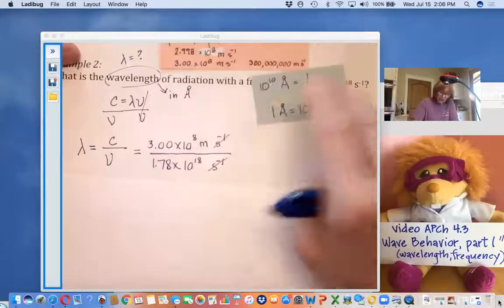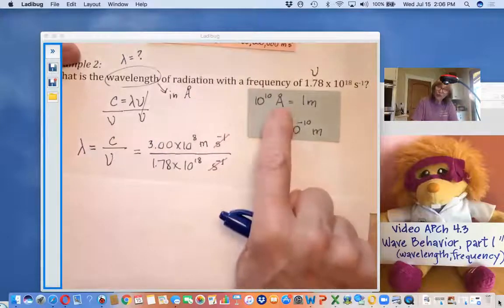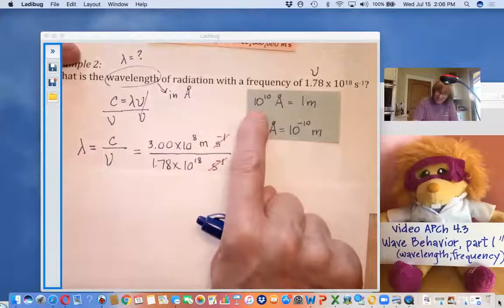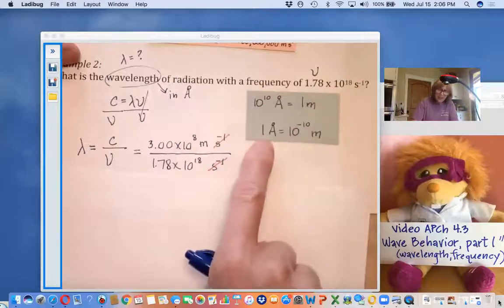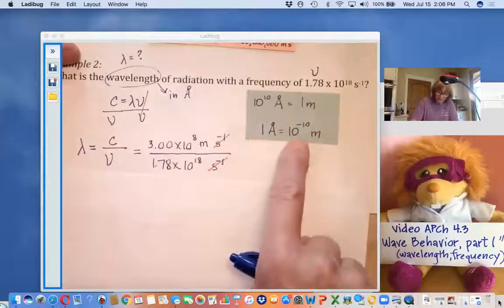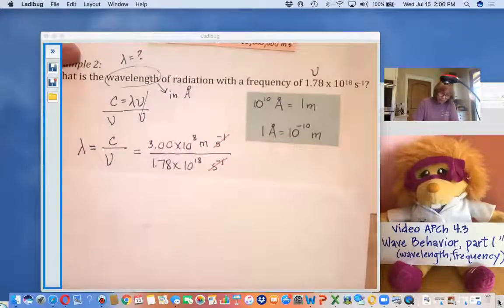So now I need to make use of this equivalence. Angstroms are even smaller than nanometers. It takes 10 to the 10 angstroms to equal a meter stick. Or one teeny tiny little angstrom is equal to 10 to the minus 10 meters. I'm going to use that equivalence in this problem.